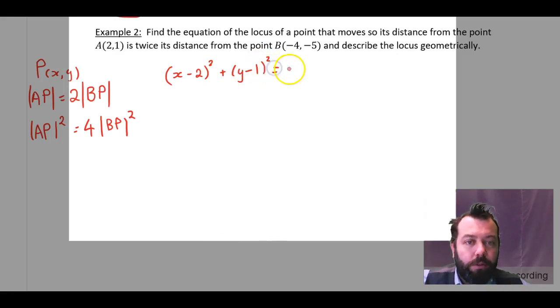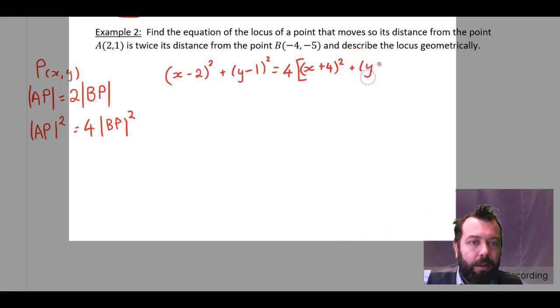That is equal to 4 lots of, now we'll do the same thing over here, x plus 4 because of the negative negative, x plus 4 squared plus y plus 5 all squared.